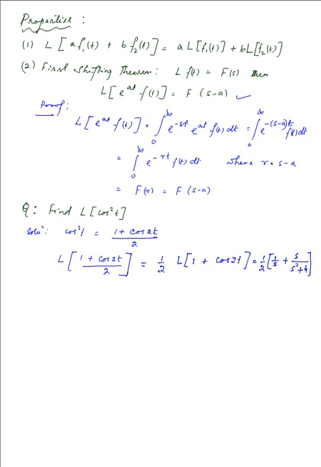Eventually that gives us half times, let me multiply all of that: s squared plus 4 plus s squared over s times s squared plus 4, so this is 2 times (s squared plus 2) over s(s squared plus 4), and half of that gives s squared plus 2 over s times s squared plus 4. So this is the value that we obtained for that given transformation.